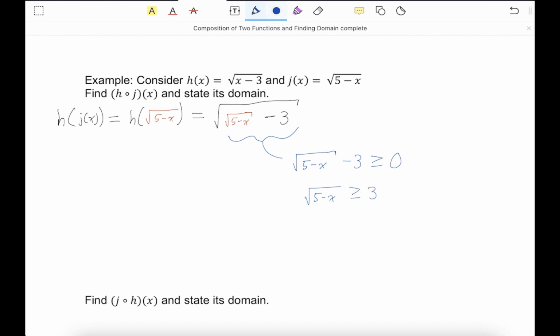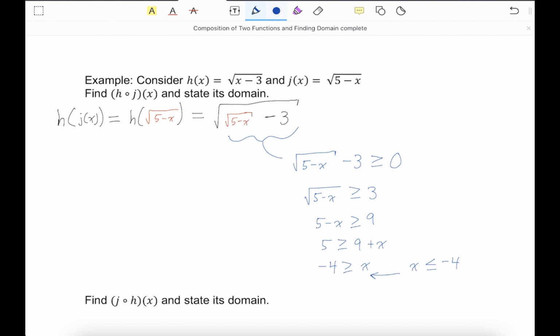I'll then square both sides. And I'll add x to the other side and subtract 9 from both sides. So this is giving me that x is less than or equal to negative 4.